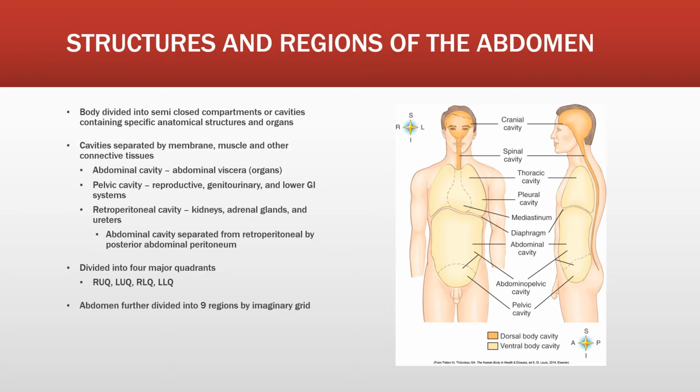That was a mouthful. All right, our abdominal area is divided into 4 major quadrants, which I'm sure you're all familiar with. I've abbreviated them here, and that is our right and left upper quadrants and our right and left lower quadrants. The abdomen, as far as surgical considerations are concerned, is further divided into 9 regions by an imaginary grid, and we will go over that in just a slide or two.